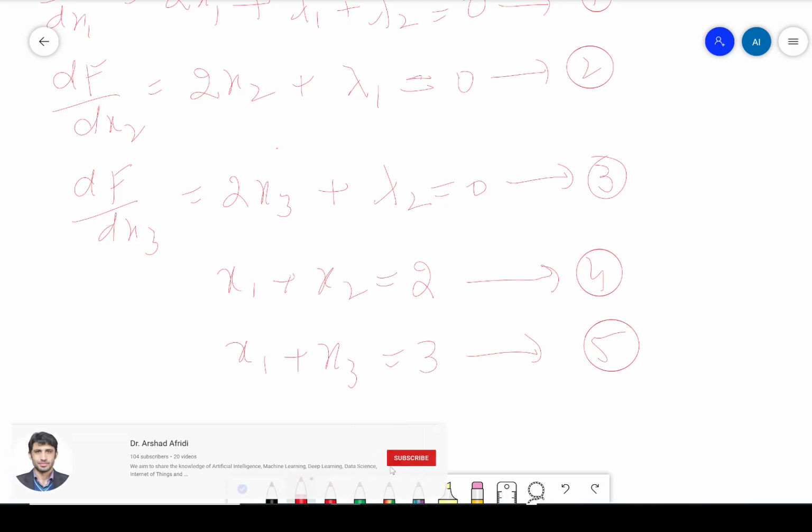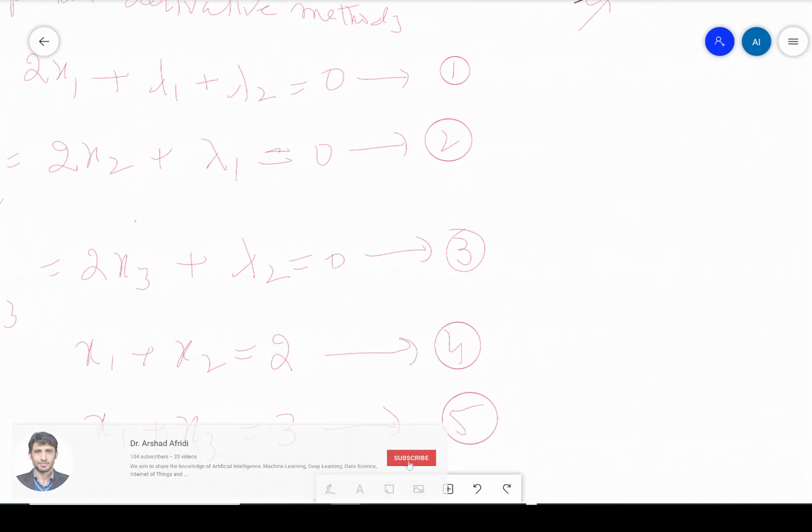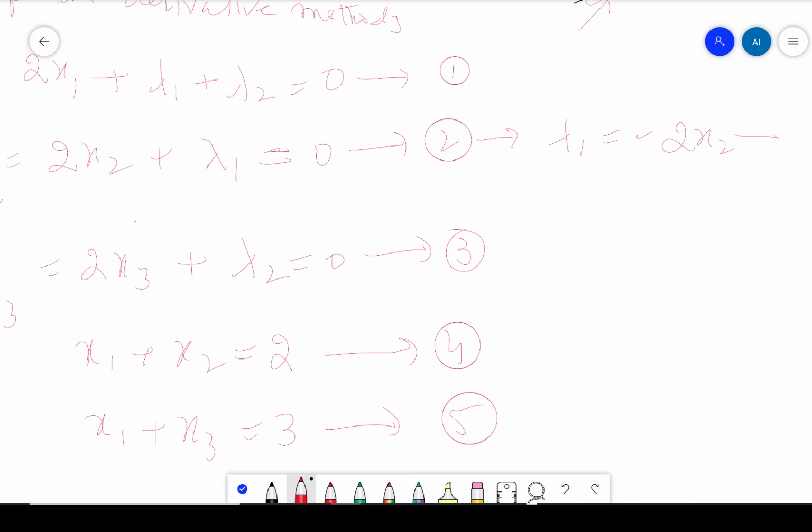So from equation number 2, we can derive the lambda 1 value as minus 2x2. It becomes equation number 6.